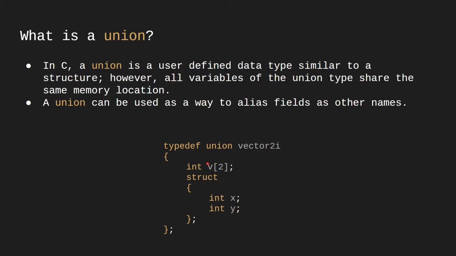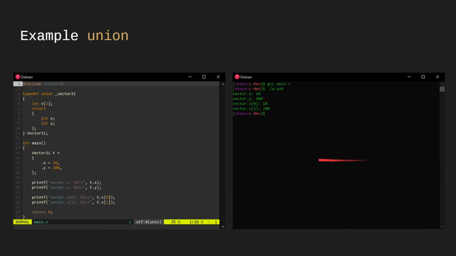And technically, the first element of V actually maps to the same thing as using this X, and the second element as the Y. So again, these use the same memory addresses, and we'll see this in action now.